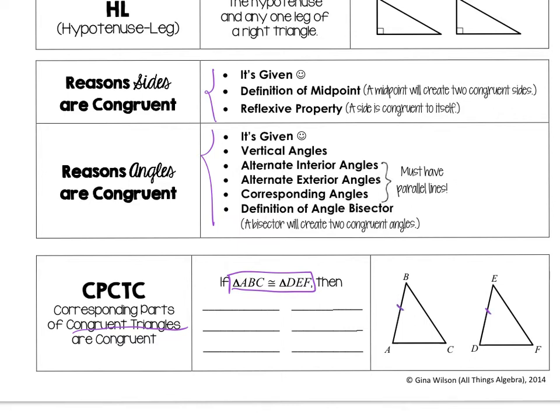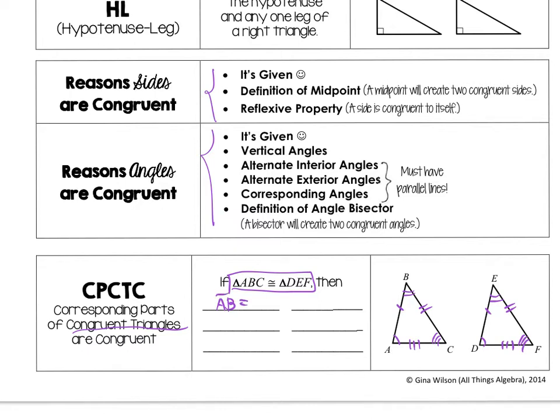These two sides are congruent, these two sides are congruent, and this pair is congruent, and these two angles are congruent. So whatever is in one triangle, you go to the same location in the second triangle, and find the exact part, whether it's an angle or a side. That's what we call corresponding parts.